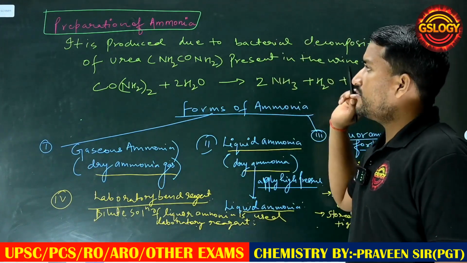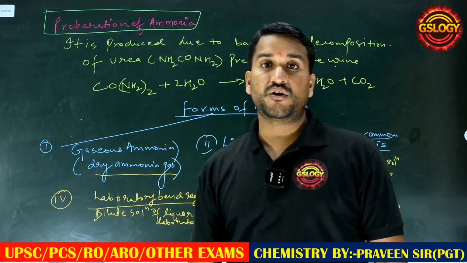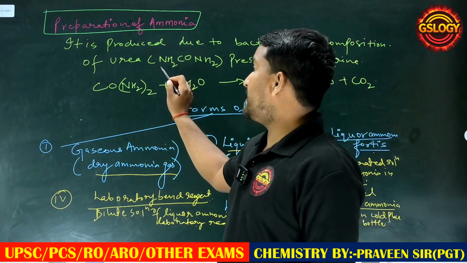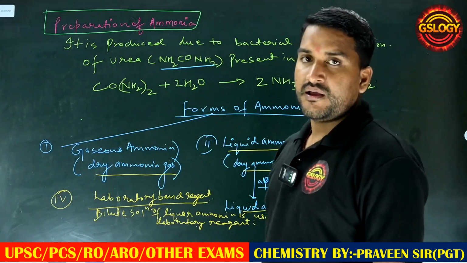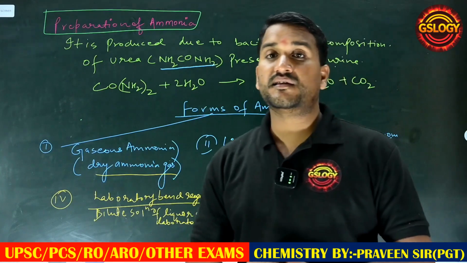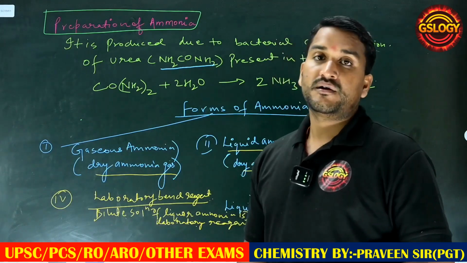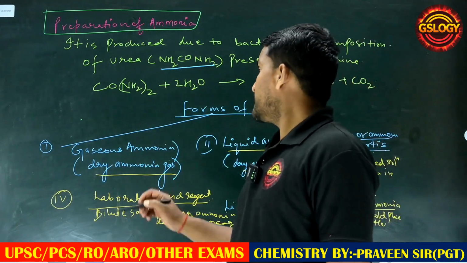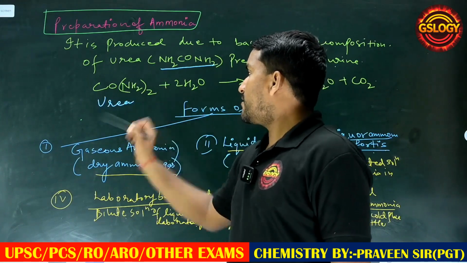Urea is present in urine. You know very well, the formula of urea is NH2CONH2. Okay, and the first organic compound synthesized in the laboratory was what? Urea. Clear? And NH2CONH2 is urea.